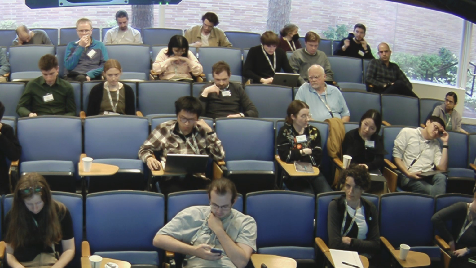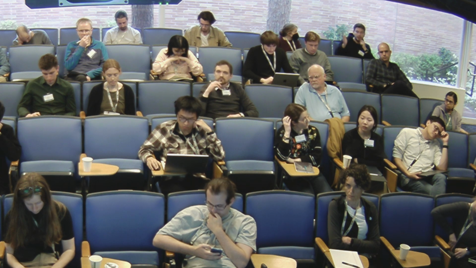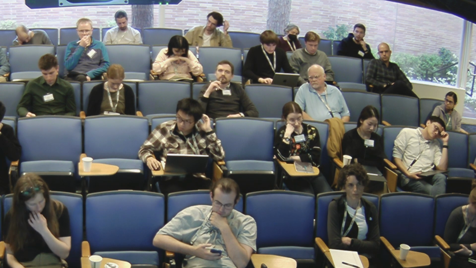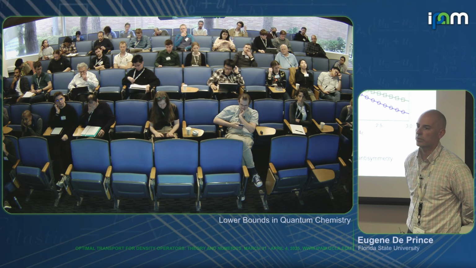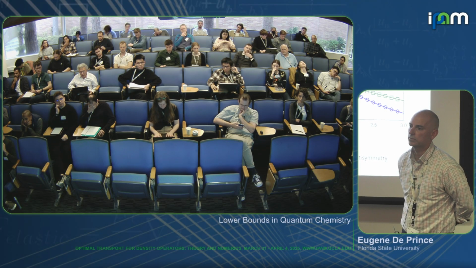Can you also somehow get a guess of some wave function that performs reasonably well from your solution? So I could get a guess for the primal form of the problem, but I won't know what the correct Lagrange multipliers are, so I don't think I would see any benefit numerically to starting with a good guess. No, sorry, I meant like from the solution of the SOS, can you guess a good ansatz for the wave function? Oh, for the wave function? No, I don't know how to extract any information about the wave function.